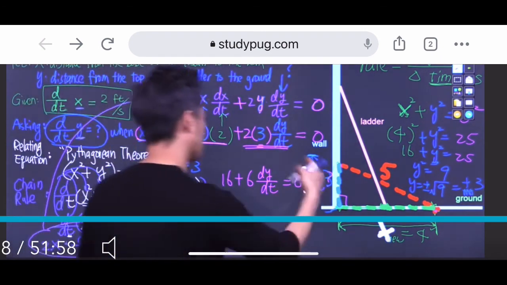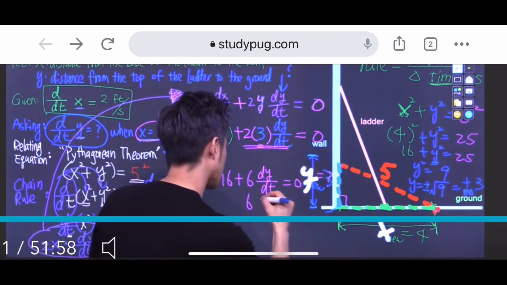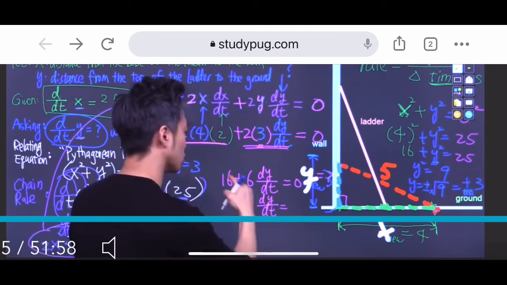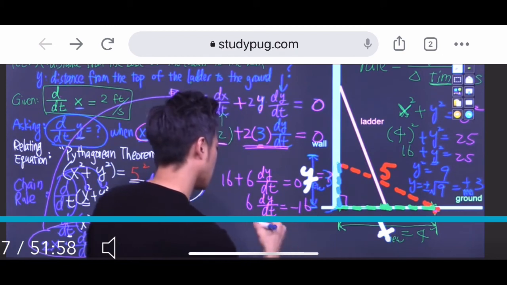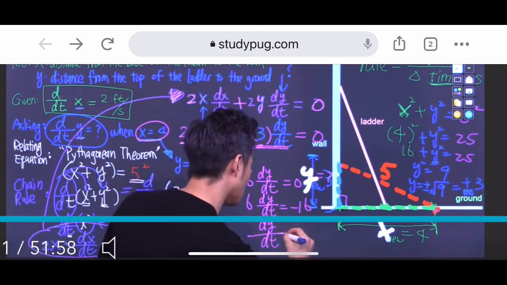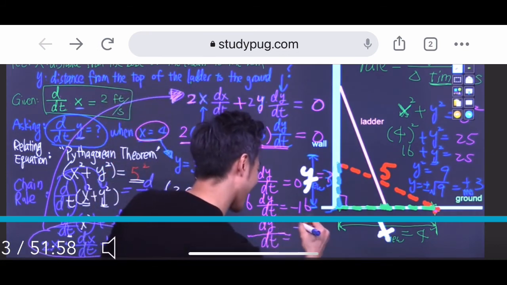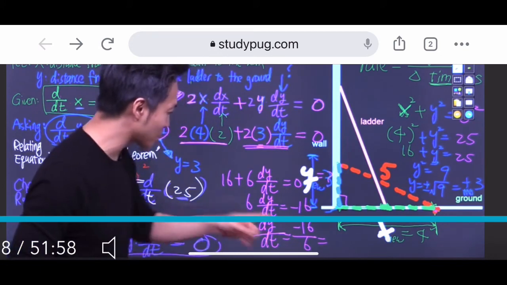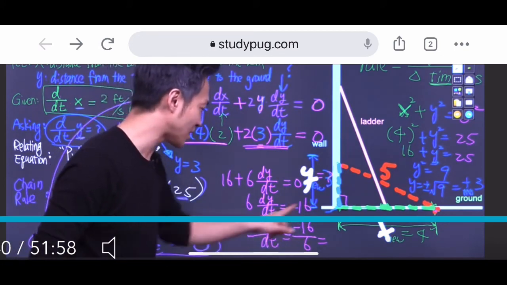Let's solve the equation here. So 6 dy/dt is equal to negative 16, and dy/dt is then equal to negative 16 over 6. Don't get too excited. I think we can simplify this fraction.